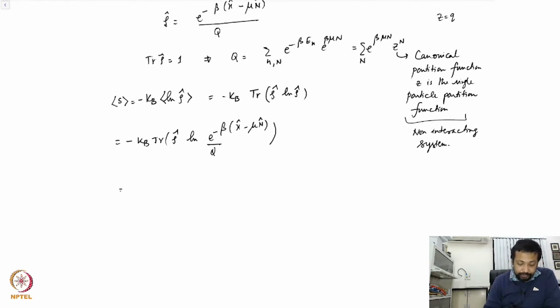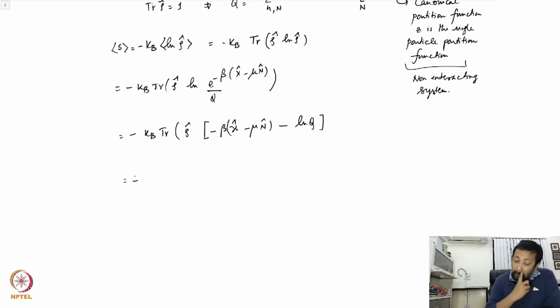So then this is minus k_B trace rho hat times minus beta (H hat minus mu N hat) minus ln of Q. So the first term is k_B trace of, we will write this as, minus rho hat H hat, and then we will write plus mu trace of rho hat N hat minus, this quantity is just a number, so this becomes ln Q.